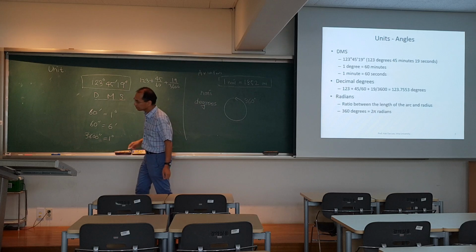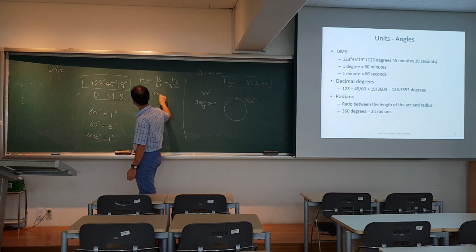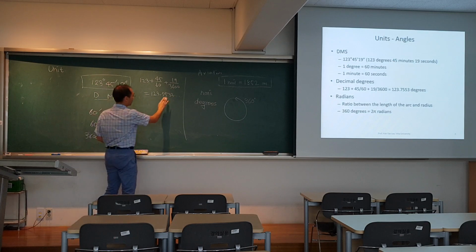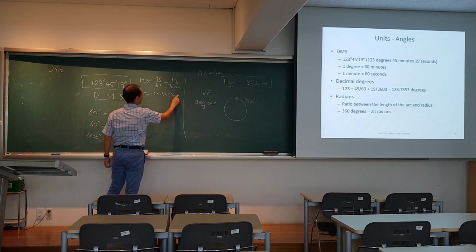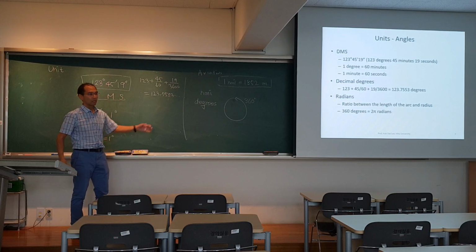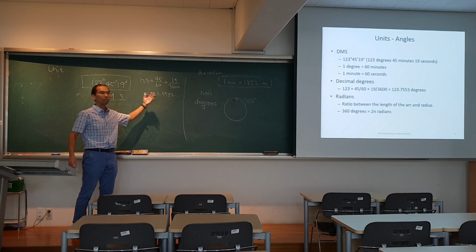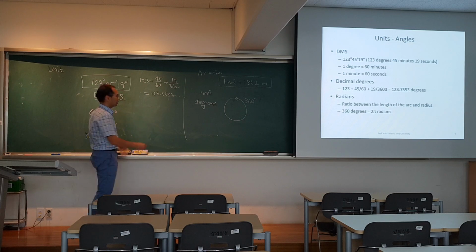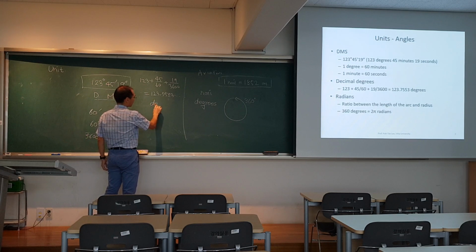That's 123.7533 and it goes on forever. If it's expressed just in degrees with decimal points, this is called decimal degrees.